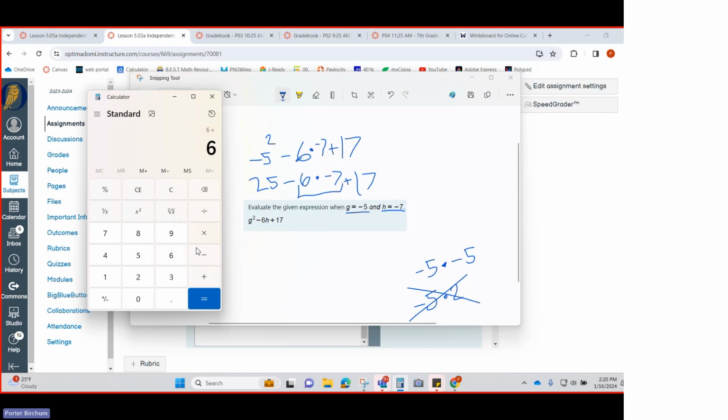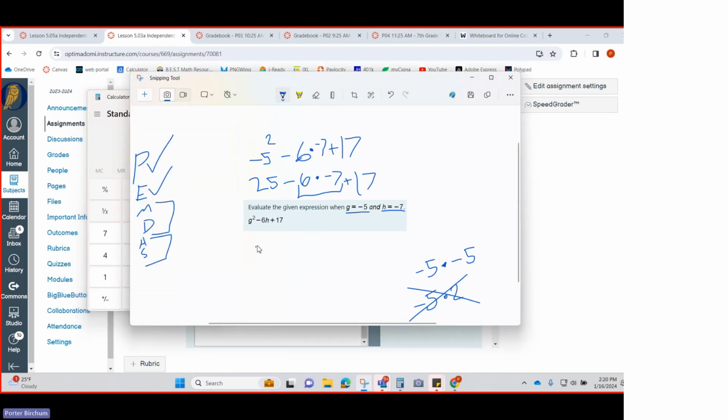What is 6 times -7? -42. So I'm going to copy everything else down exactly the same. 25 minus -42 plus 17. Instead of 6 times -7, I wrote -42.